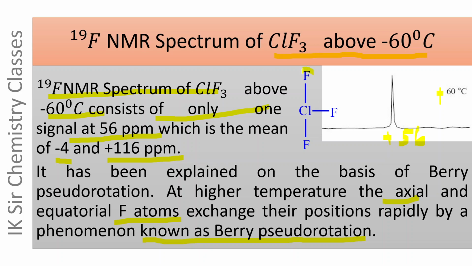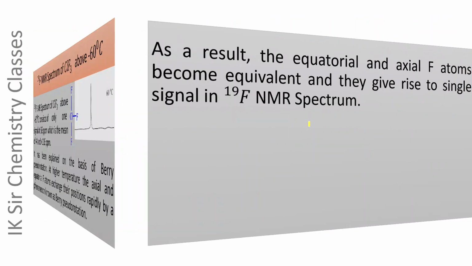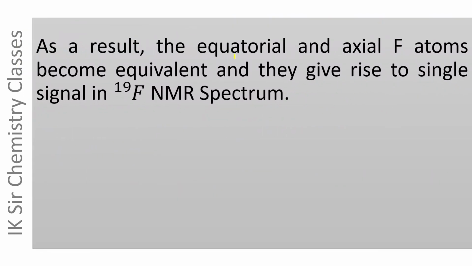This axial fluorine atom and this equatorial fluorine atom exchange their positions rapidly due to a phenomenon known as Berry pseudo rotation, and due to this, the equatorial and axial fluorine atoms of the ClF3 molecule become equivalent and they give rise to a single signal in the F-19 NMR spectrum.